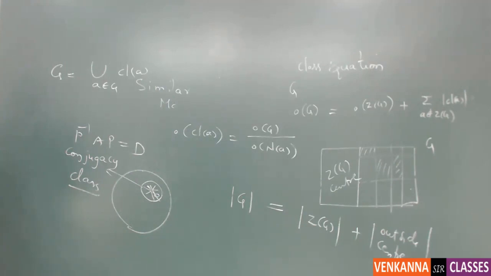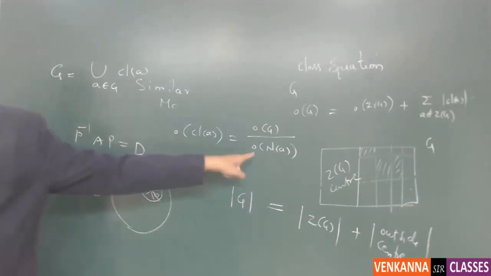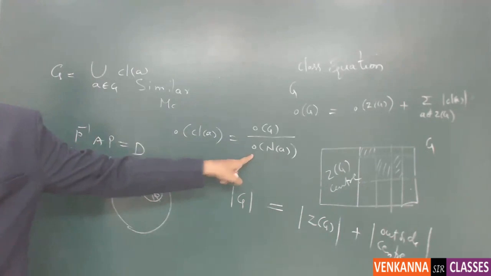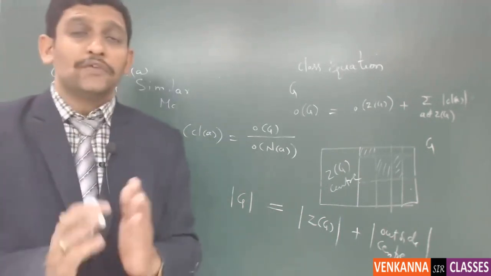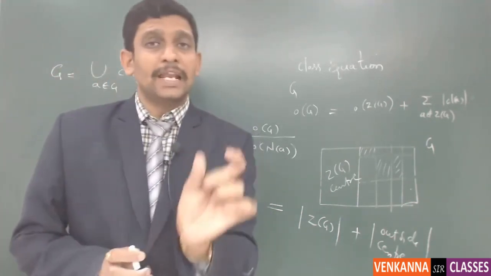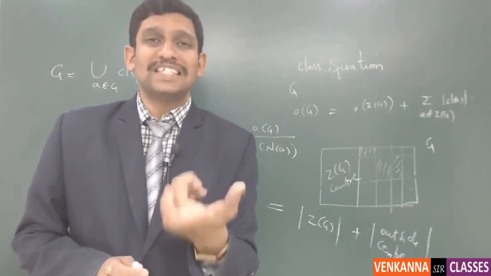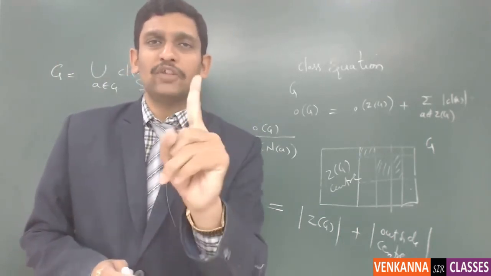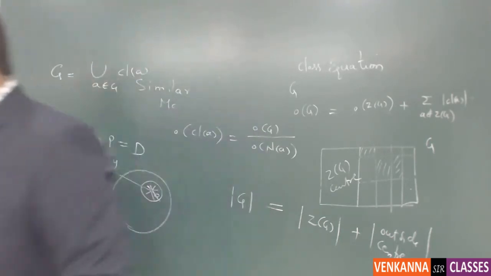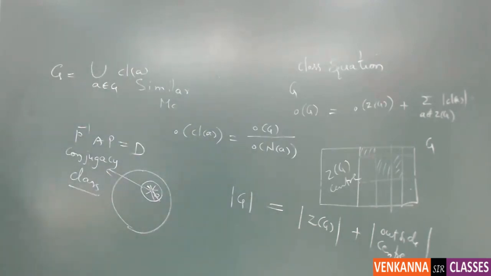If it is clear, now I am going to take the problem which is given in the previous problems. Shall I continue? Right. N of A is called the normalizer. What is meant by normalizer? You are going to find the elements in the group which satisfy the commutative property with only one element. So what is meant by center actually?